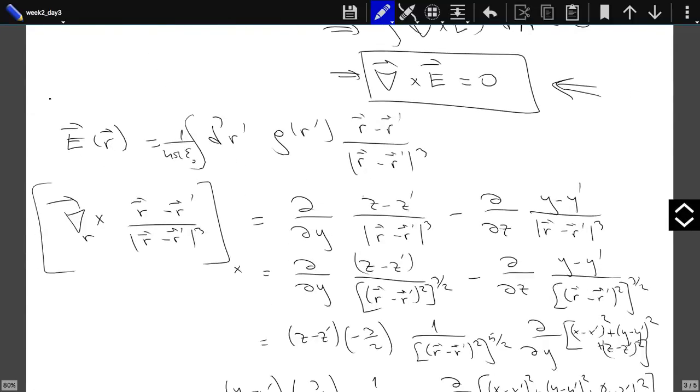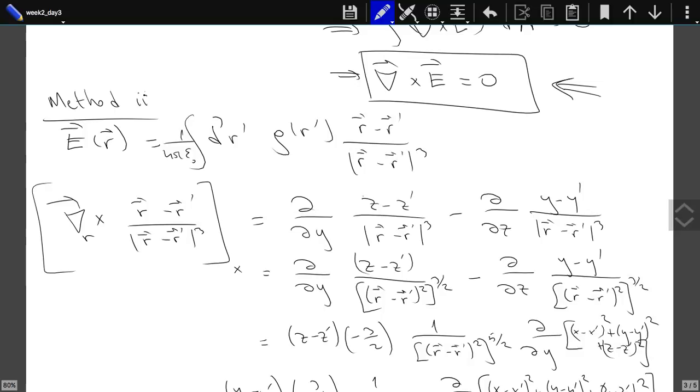The other method we used was we used this explicit form of the electric field. Because no matter what, the electric field is created by charges situated somewhere in the universe. And we might not know the charge distribution, but we know that there exists a charge distribution of these charges.